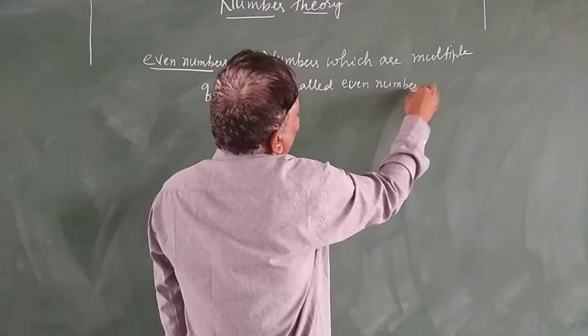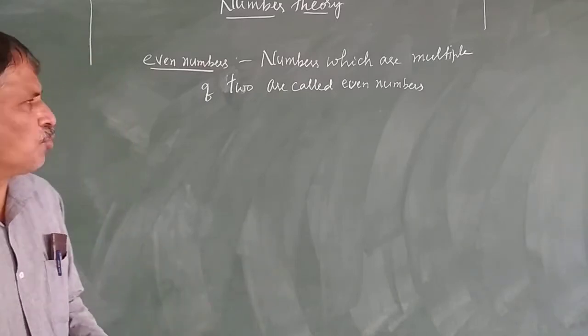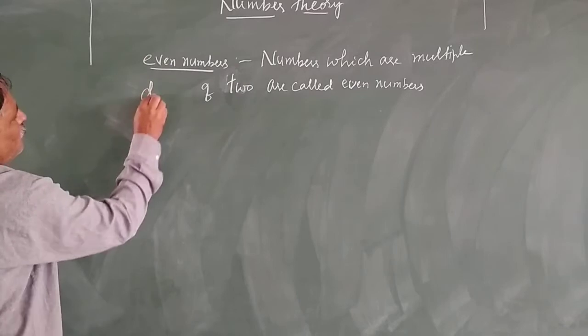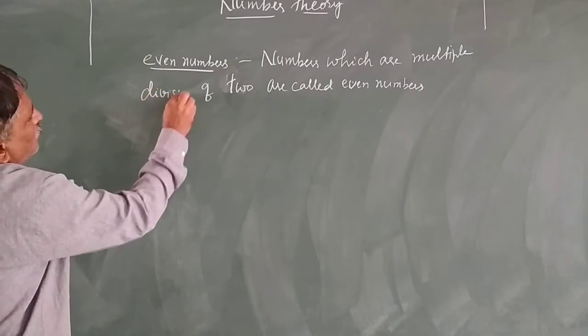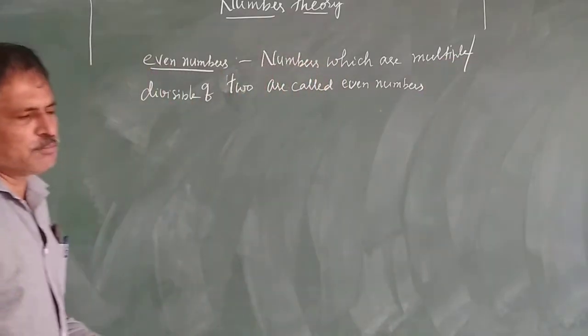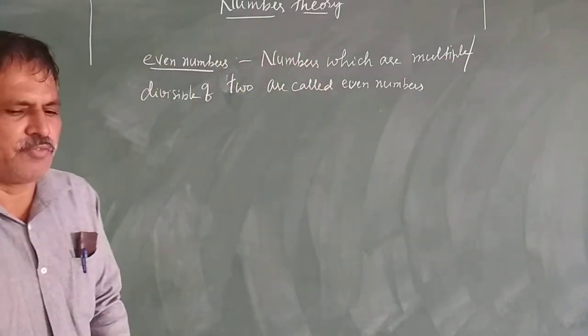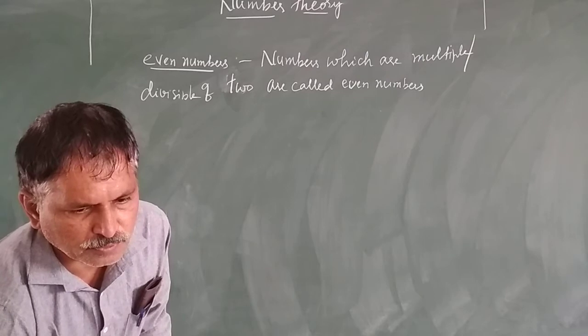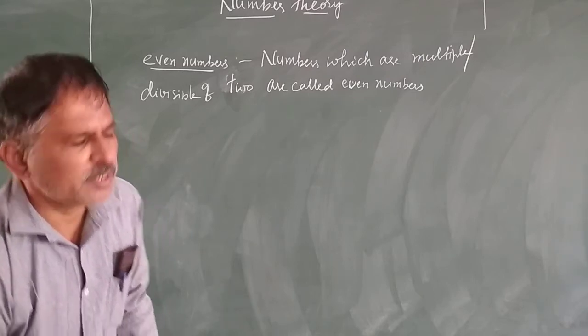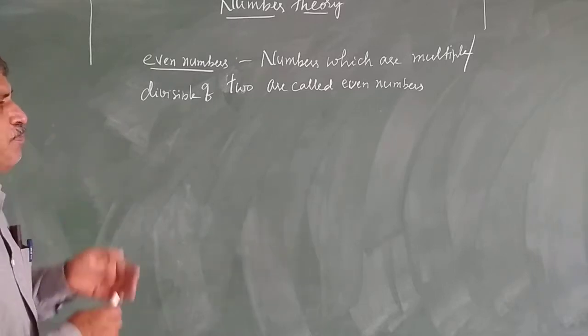We can write those numbers which are either multiples of 2 or divisible by 2. Those numbers are called even numbers.